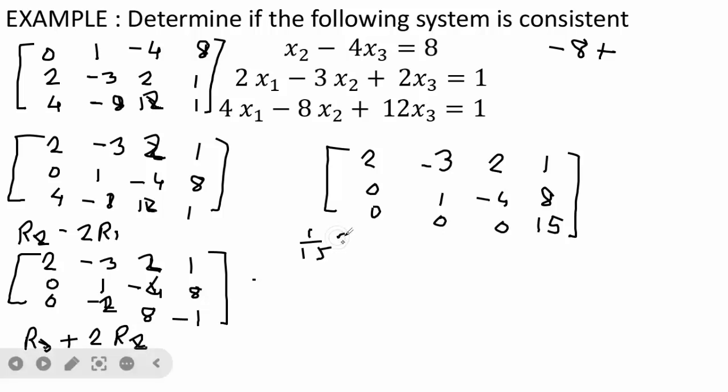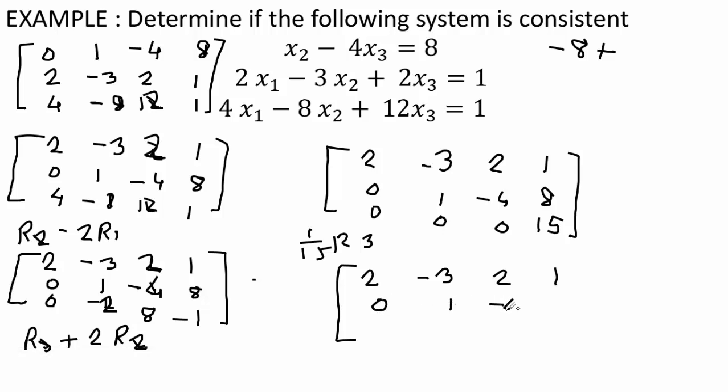We shall keep first two rows as it is, 2 minus 3, 2, 1, 0, 1, minus 4, 8. And if we divide by 15, 0 by 15, 0, and 15 by 15 is 1.